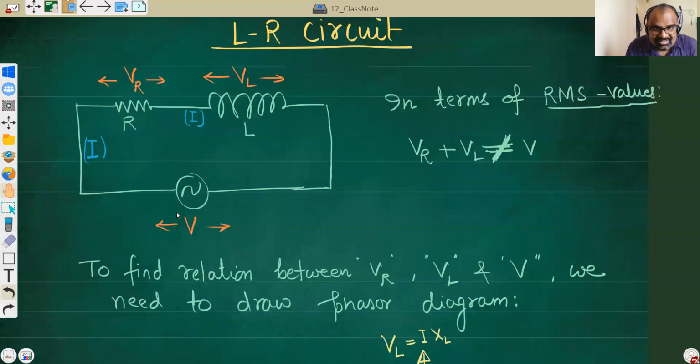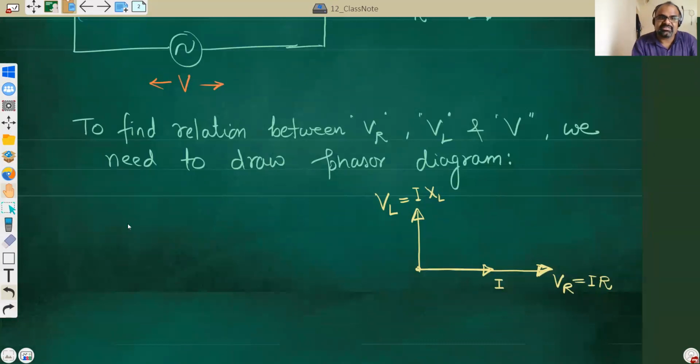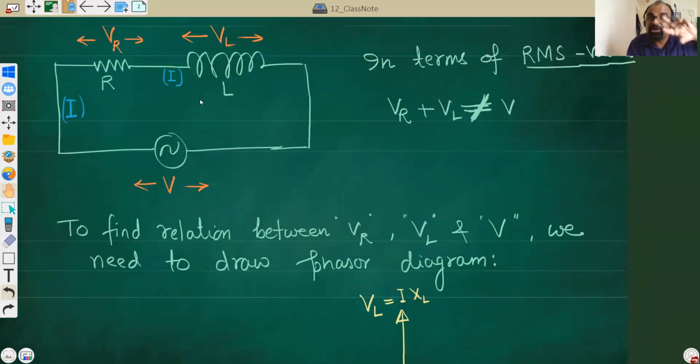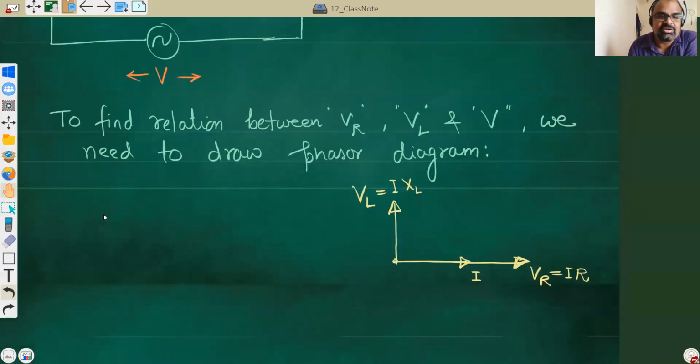That we have already written, that 2 plus 2 is not 4. So if this is 2 and this is 3, then this is not 5. However, vectorially, this is equal to this plus this.